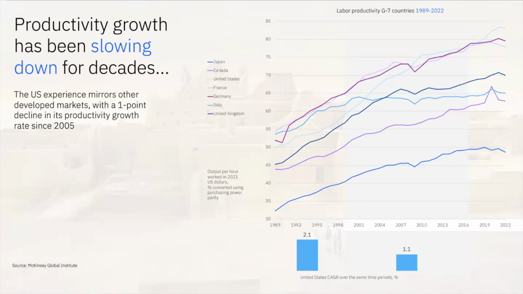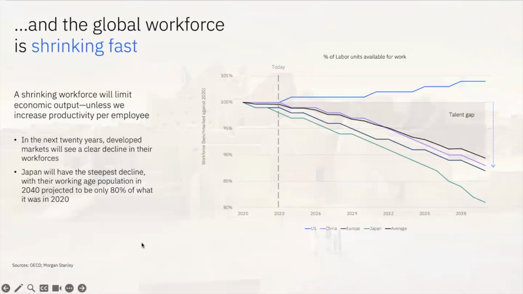As you can see in the graph, many countries have seen this growth decline as it reached 1% in the last 20 years. In general, all large economies have displayed the same slowdown trend. And this leads us to this graph: what is the gap that we have in talent as productivity is slowing down?